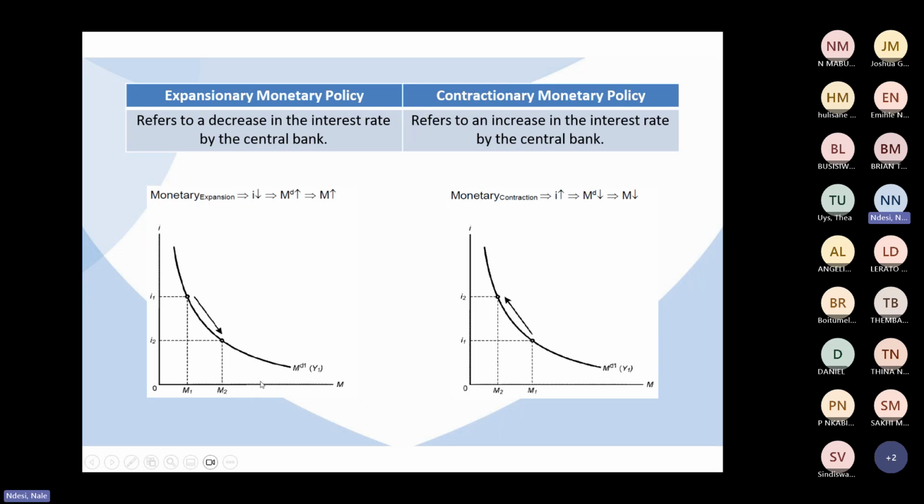That is the result of the decrease in the interest rate, which is your expansionary monetary policy. Then moving to the contractionary monetary policy, which refers to an increase in the interest rates by the central bank. By chain of events, we established that monetary contraction, which is tightening the economy, leads to an increase in the interest rates.